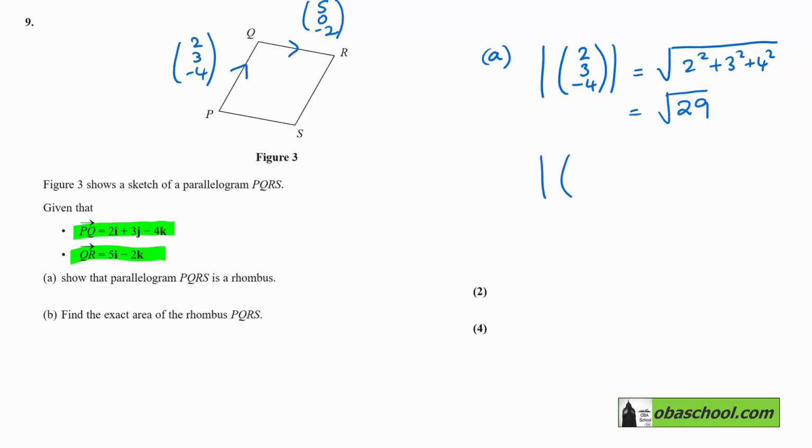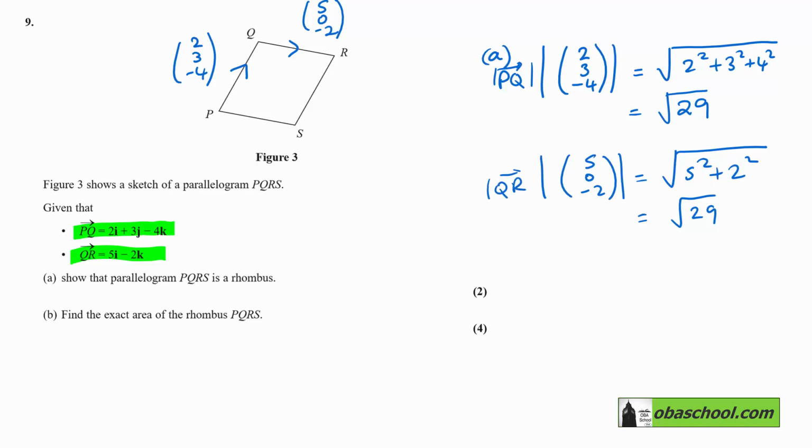The modulus of (5, 0, -2) is the square root of 5 squared plus 2 squared, which is also root 29. And that does it because we've shown that PQ and QR are the same. Perhaps we want to just indicate here that we're doing mod PQ and mod QR.